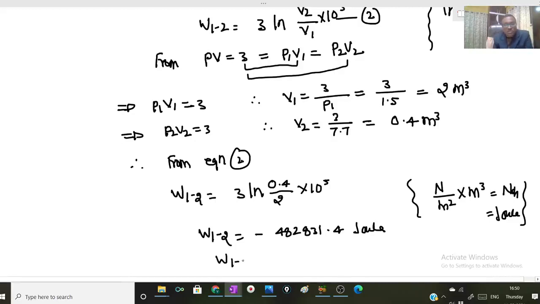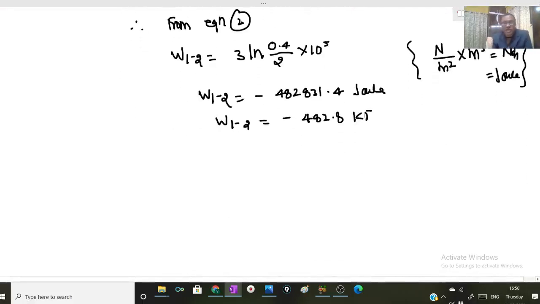Now let us convert it into kilojoule: minus 482.8 kilojoule. So this is the required work done involved in this process.